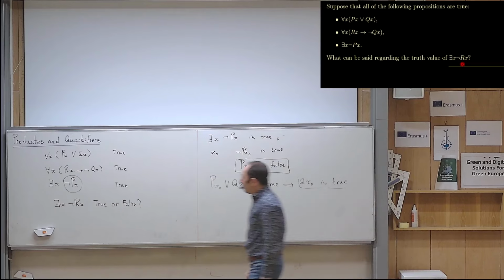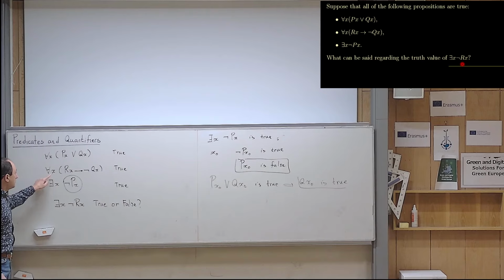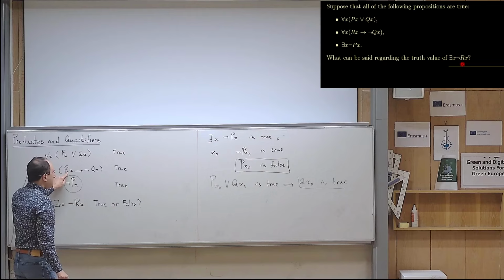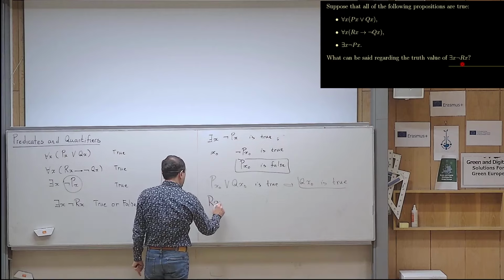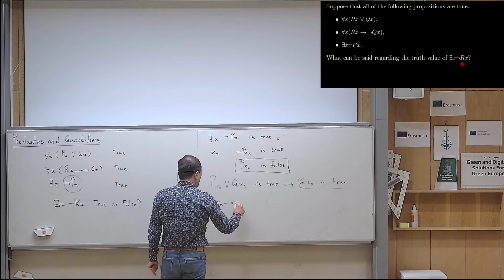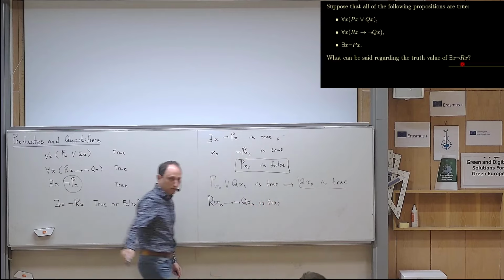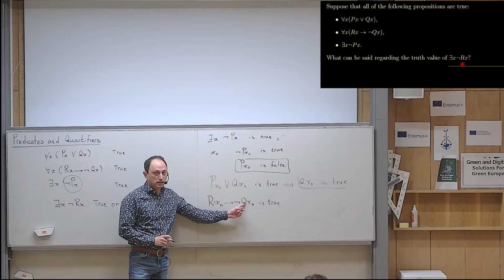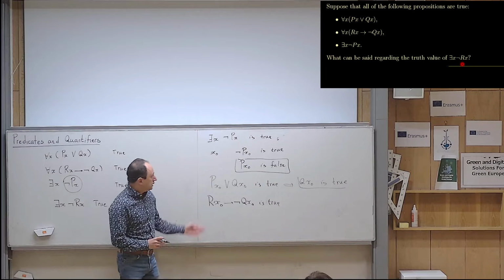Okay. And now what do I do? I go here. This is also claiming that for any element from the universe of discourse, including this element, this statement is true. Yes? So I know that if R of x naught, then not Q of x naught is true. This I know. Yes? And then I know that the conditional is true if what happens? So if this is true, what can I conclude?